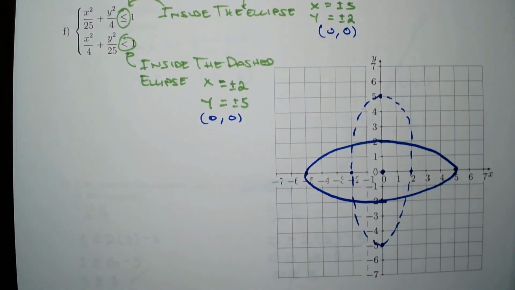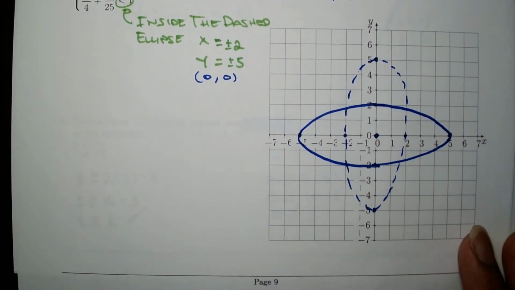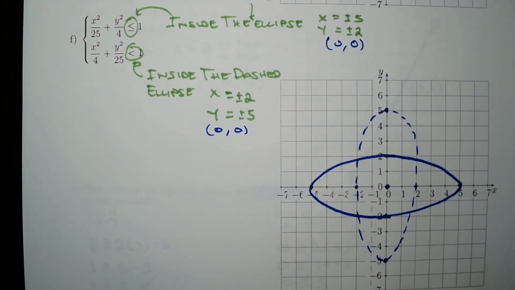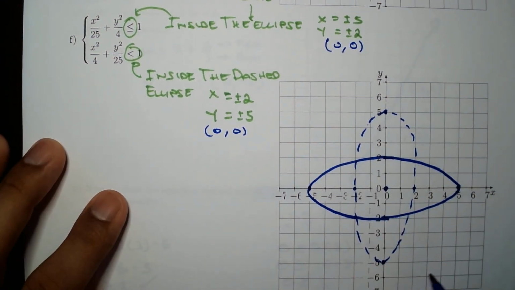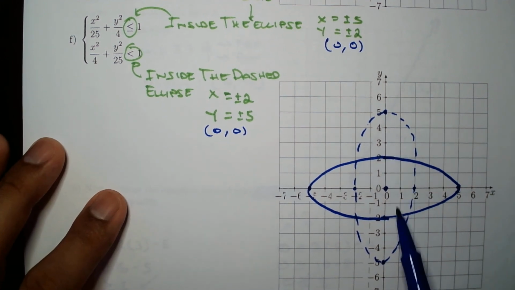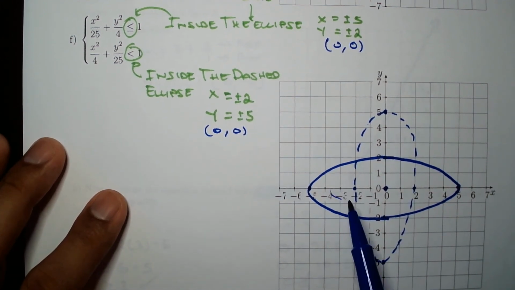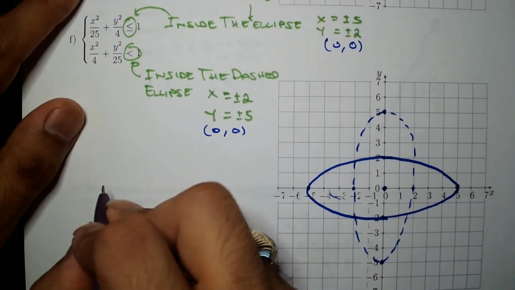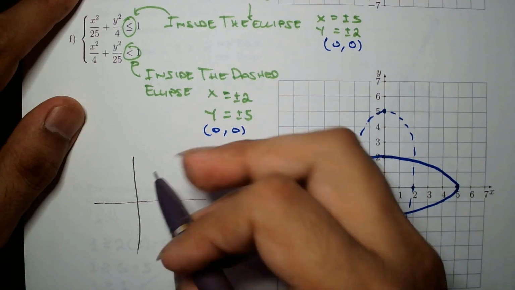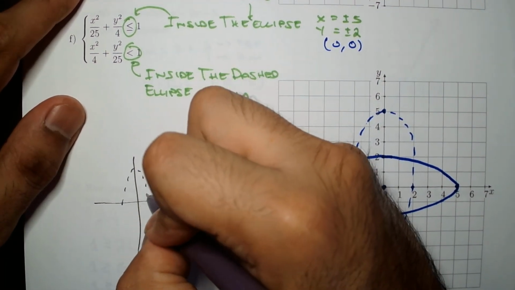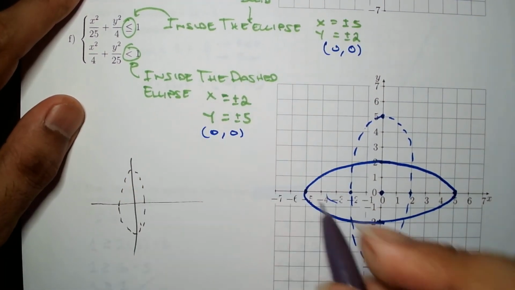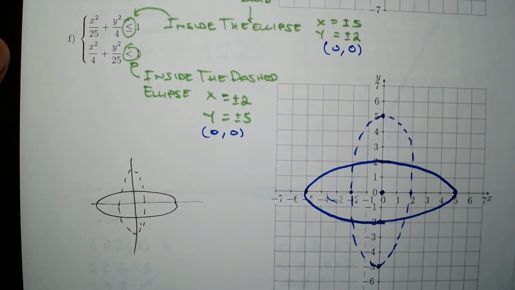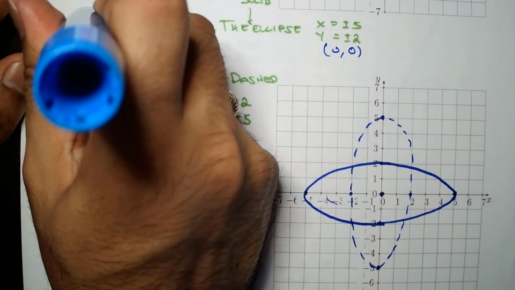All right, so let's do some scratch first. To determine which is going to be the solution set, it could be all the outside, this part right here, that part right there, this right here, this right there, or the middle part. So we'll see. Like this and like this. So again, color coding.